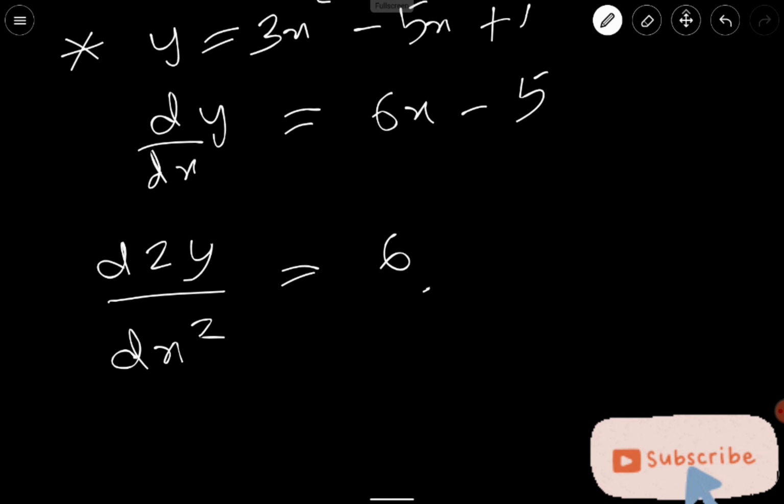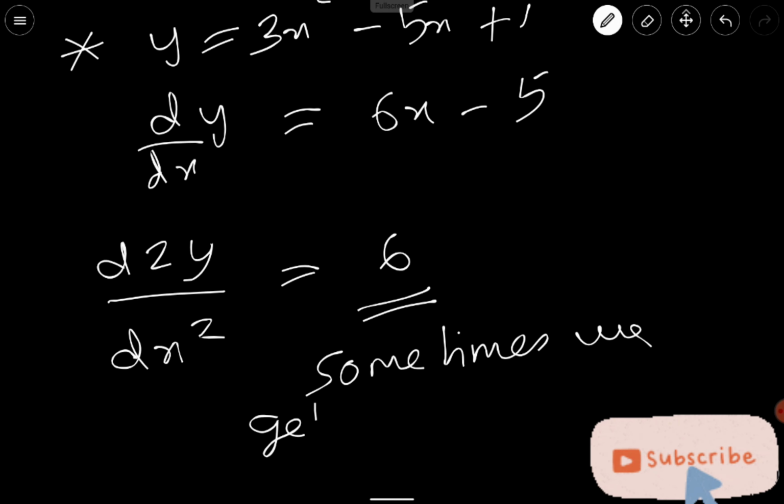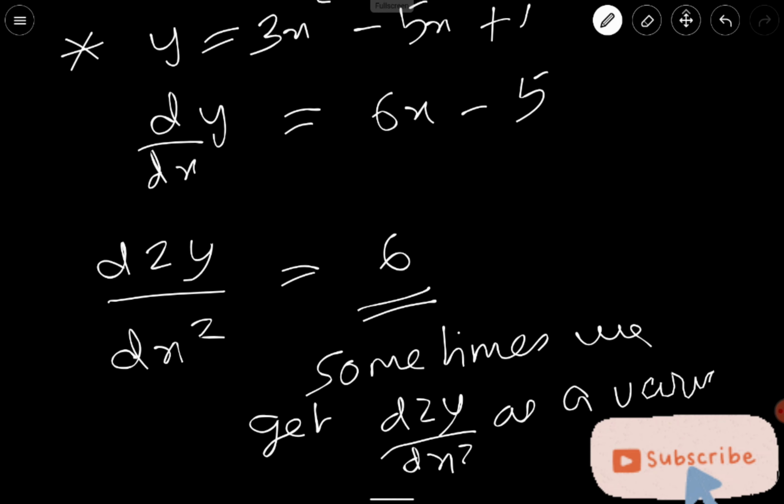Now from this value, we do not always get a constant. Sometimes we get d2y/dx2 as a variable term which has x, but here we have a constant term.